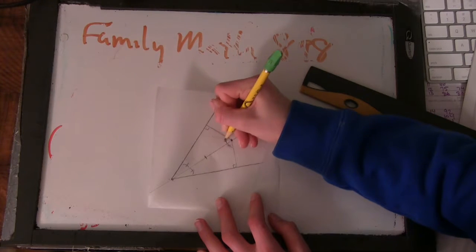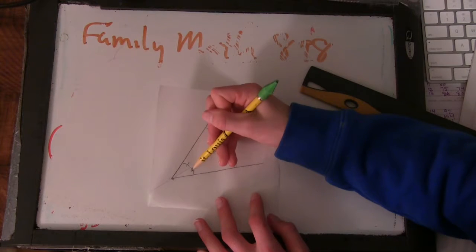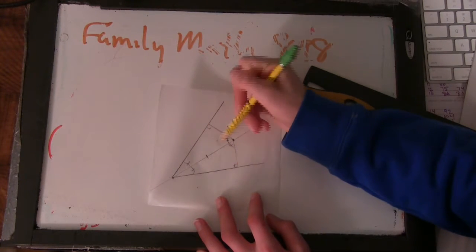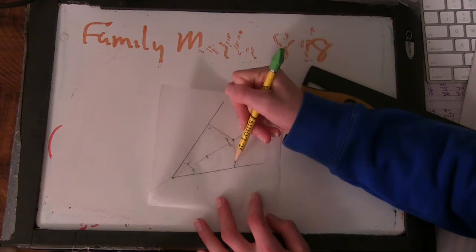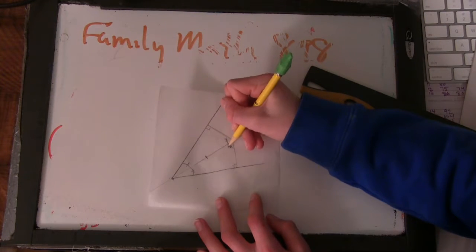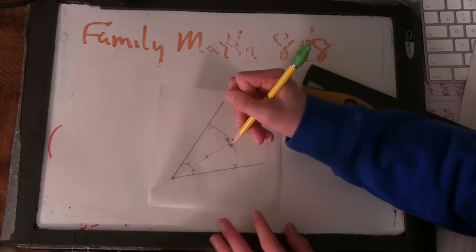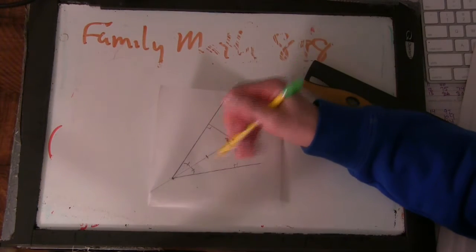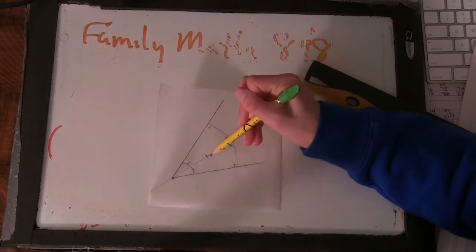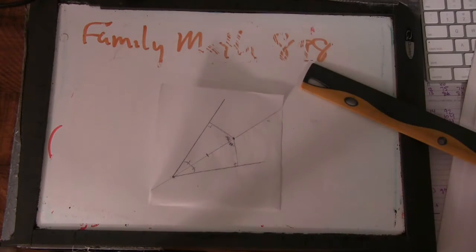Why do we know those two angles are the same? Well, we have the same angle in both triangles, and then we have the same perpendicular in both triangles. So it means we're going to have the same distance left in both triangles for the last angle. Okay. So we have angle, side, angle congruency.